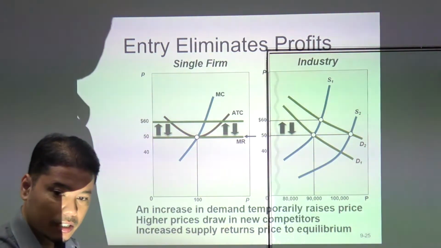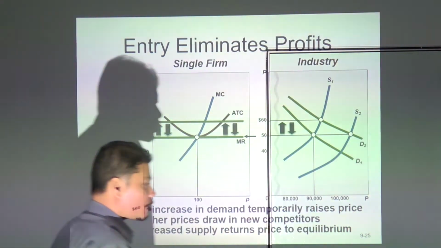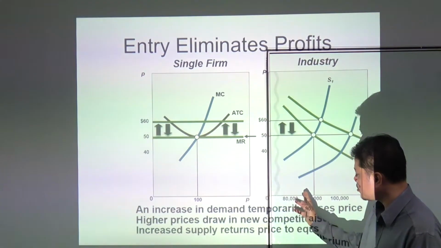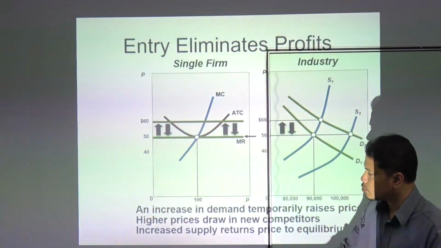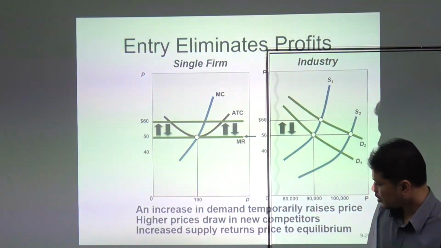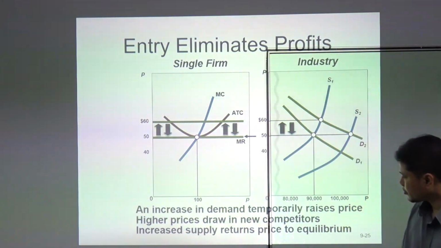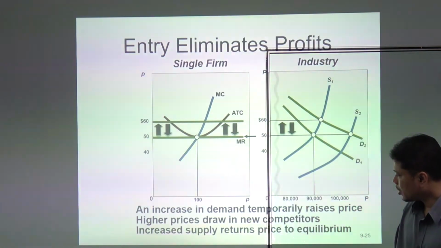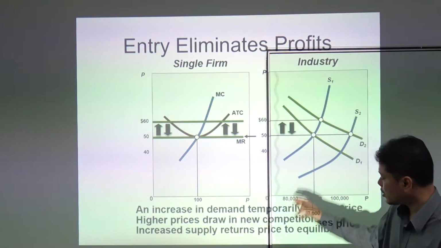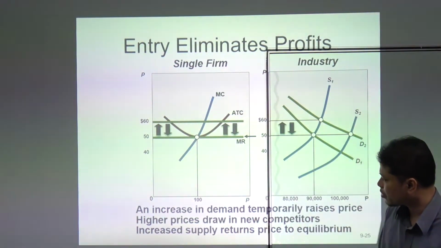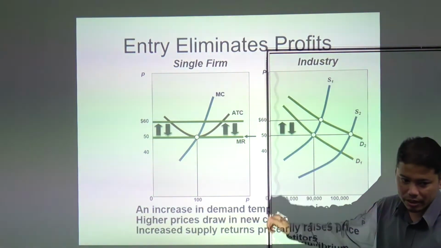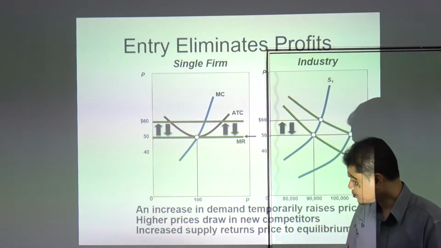Now, the assumption of a constant cost industry: we assume that the entry of new firms doesn't make any changes to the cost of production. For example, with Musang King durians, let's say initially the price was $50 per kilogram, say in China, which is very high.